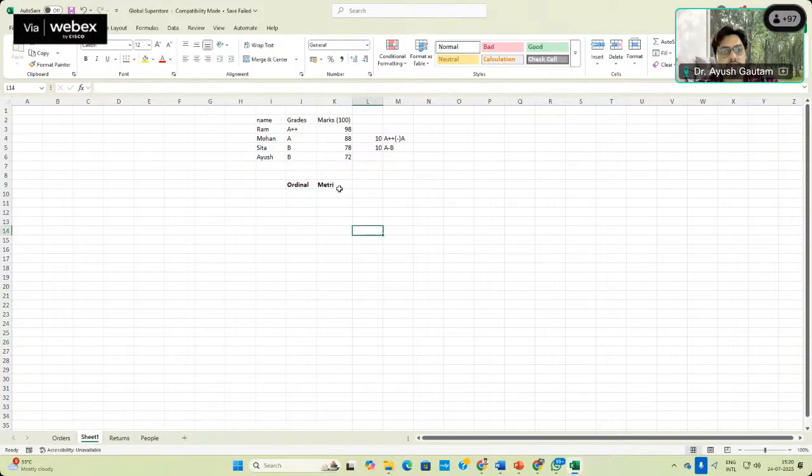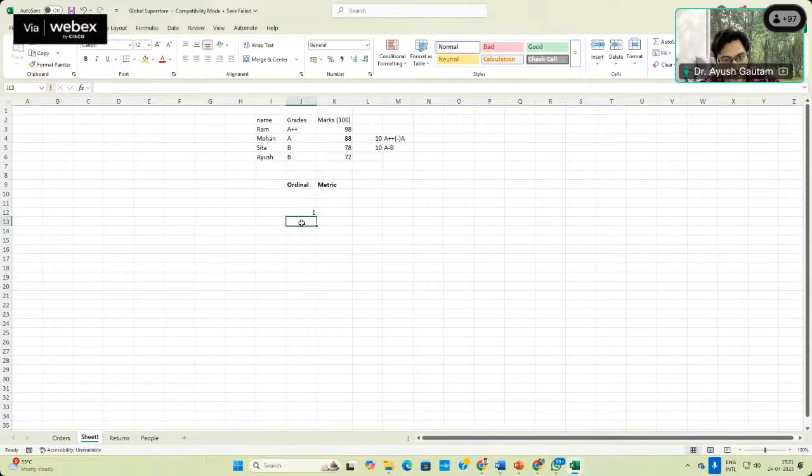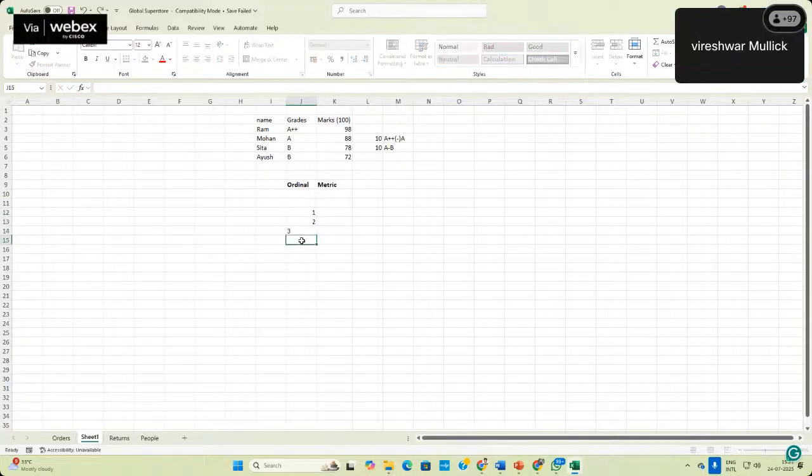So this is the difference of ordinal data and metric data. In the metric data, the difference is always the same. But in the ordinal data, the differences are not. Suppose I have given you four ratings: 1, 2, 3, 4. 1 means unsatisfied.